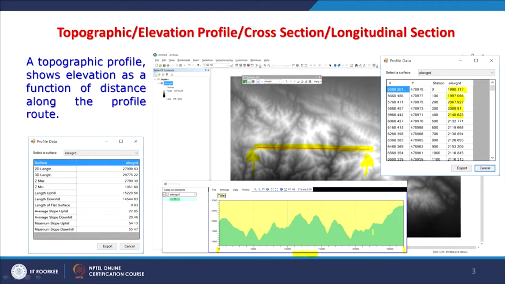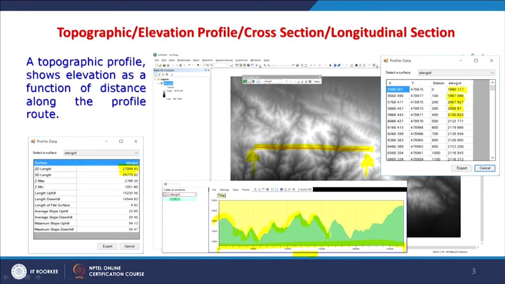Obviously, you can get a few more data sets, because these are things which are required. You get the 2D length and the 3D length. We discussed this in the previous lecture: the 2D length is the straight line length, but the 3D length is the length along this profile.